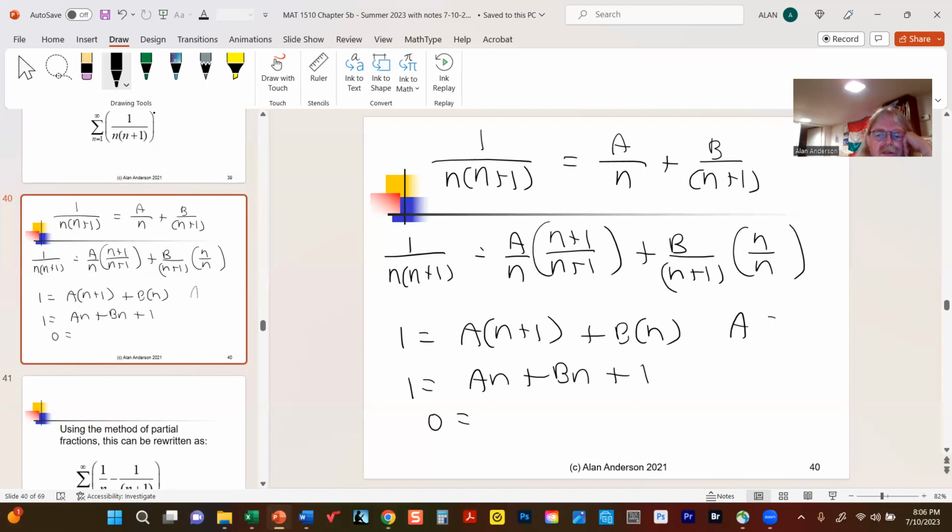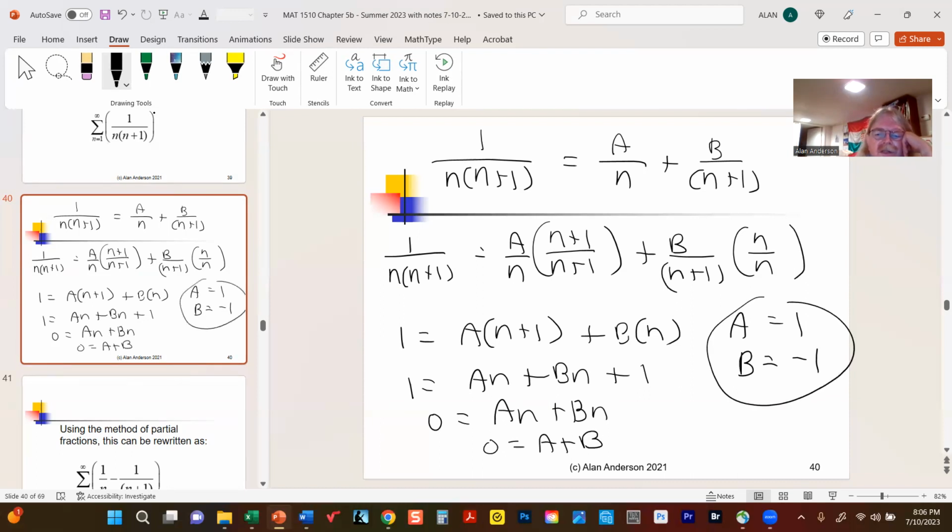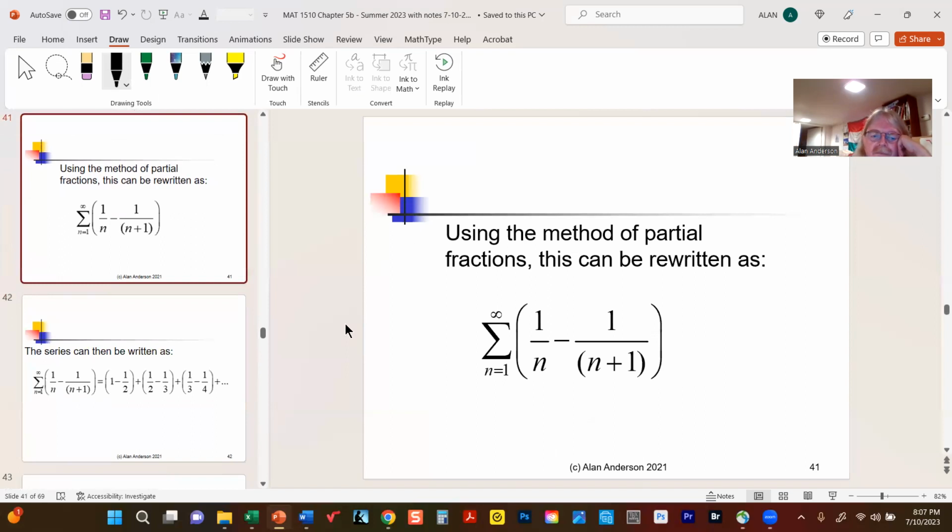So it looks like the answers are supposed to be 1 and -1. Oh, I think I get it. Because basically what it's saying here is that 0 is A plus B. And I guess what that means is that you can choose any A and B that adds up to 0, including the 1 and -1. So in other words, it's not a unique solution. So we'll just go with 1 and -1.